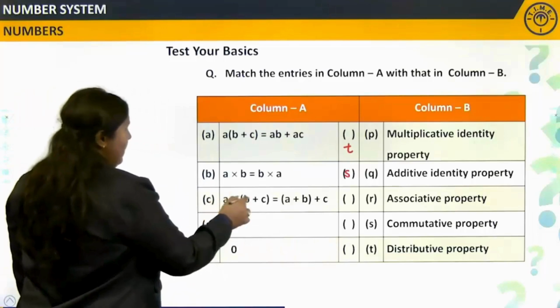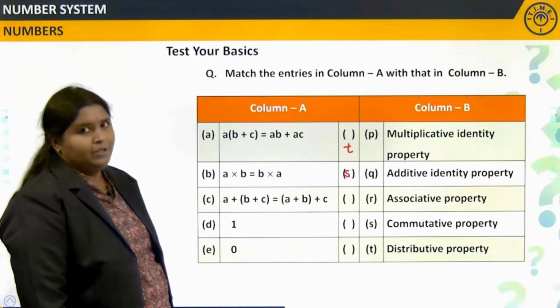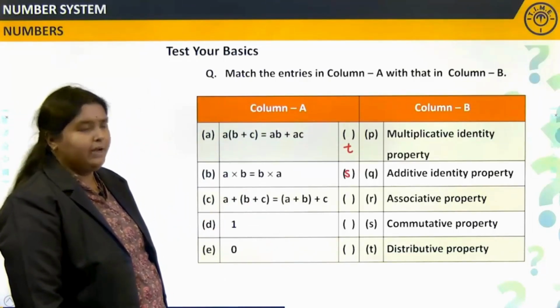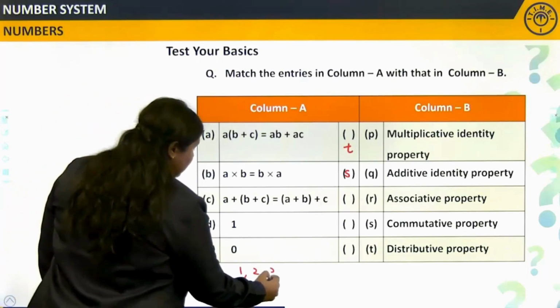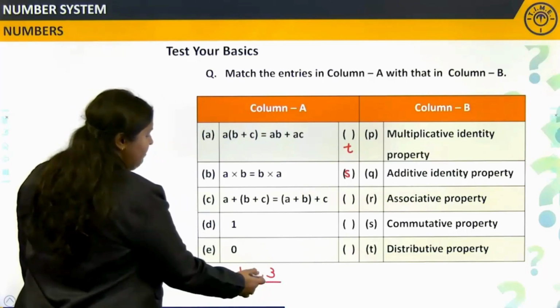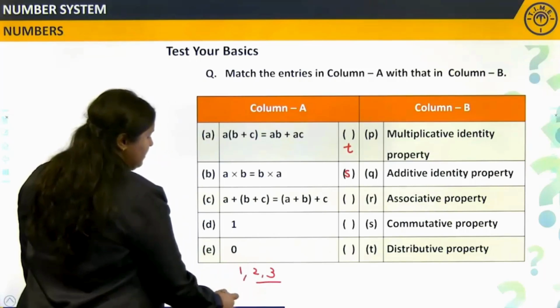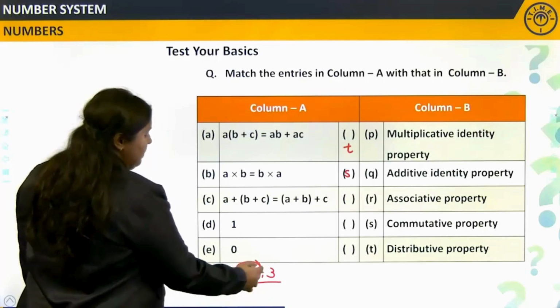That's all. A plus B plus C is equal to A plus B plus C. You have three integers, right? For example, 1, 2 and 3. You first add these two, 2 plus 3. What is 2 plus 3? 5. 5 plus 1, 6. Or you add these two first. 1 plus 2, 3. 3 plus 3, 6.